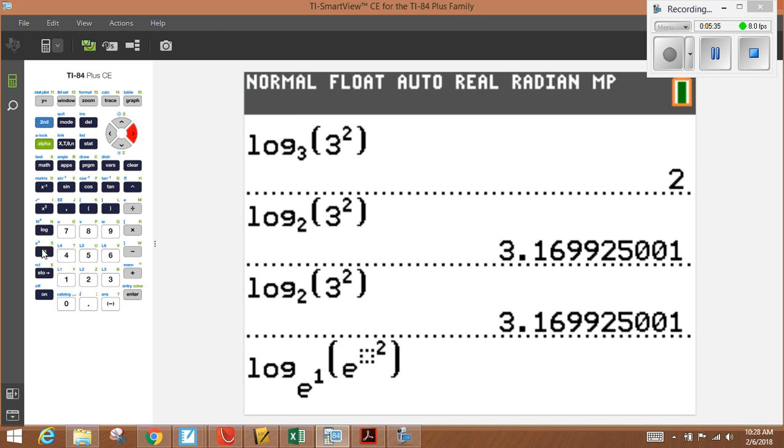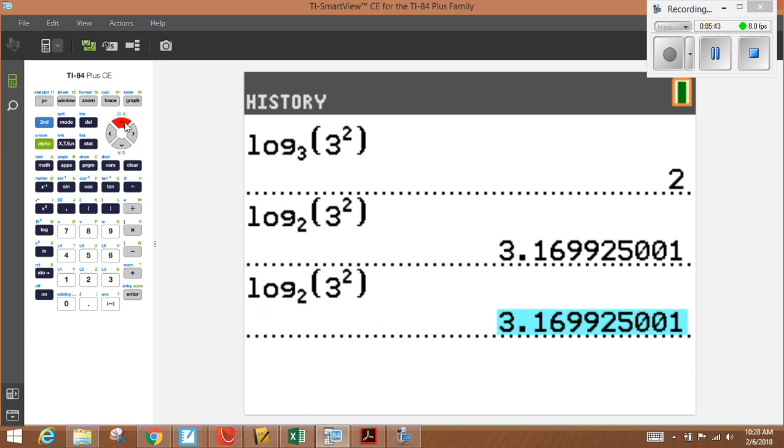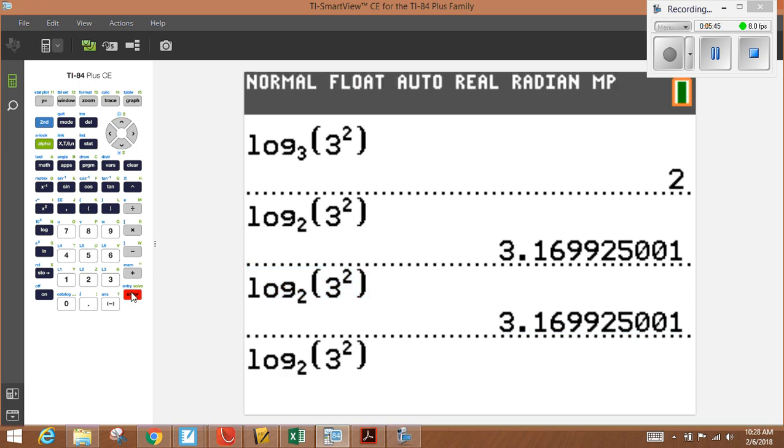That's no bueno. Let's get rid of this. Wow, I messed that all up. Here we go. It's because I had this 3 to the second, I need to delete it first. It's very hard for me to see. There we go.